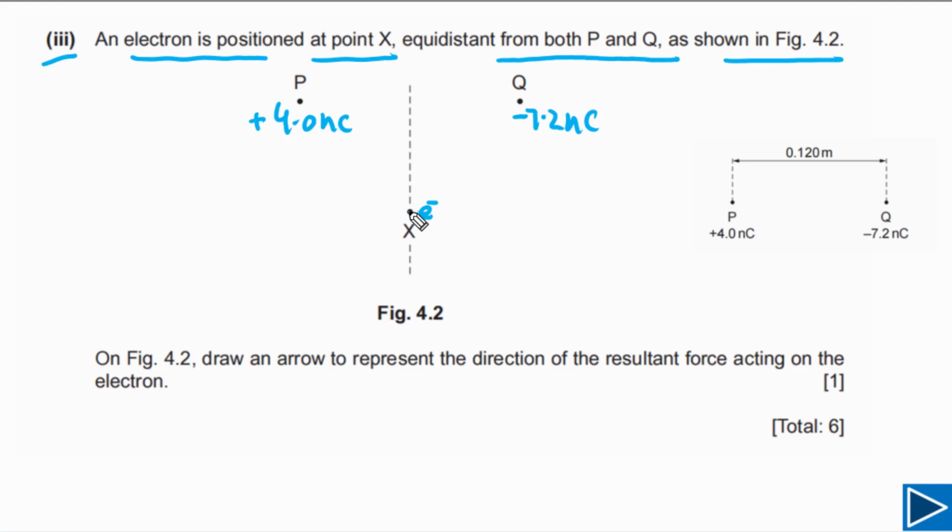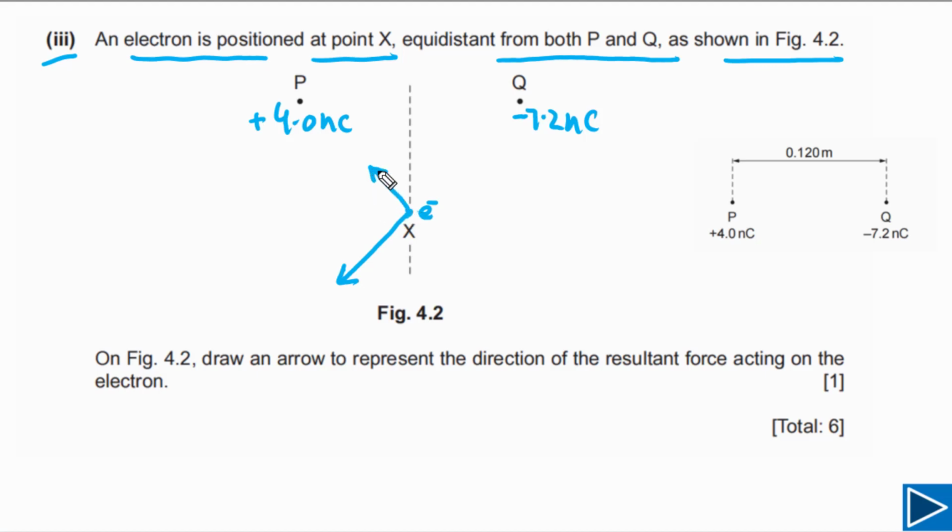So we will draw 1 arrow here. Because these 2 charges have the same sign, there will be a repulsive force on the electron. So this is the force on the electron due to the negative charge Q. And the force due to charge P will be attractive, because these 2 are opposite charges. So the force will be in this direction. So this is the attractive force.